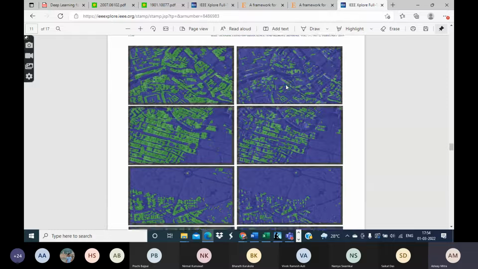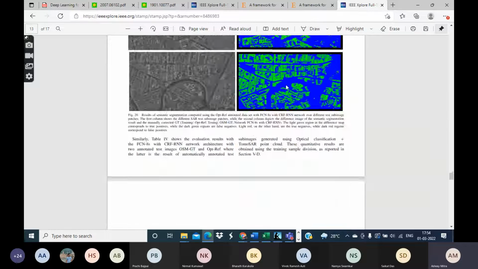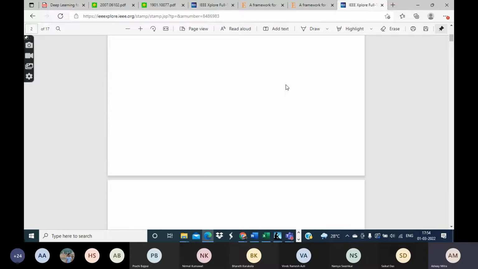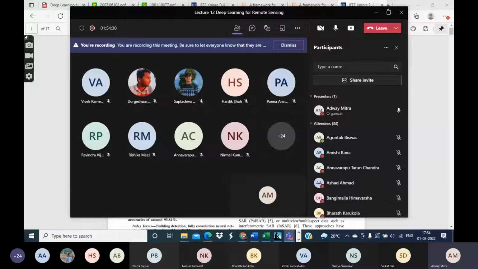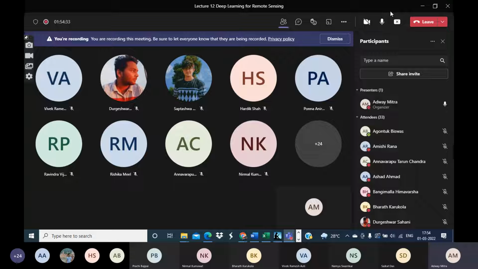Okay, so that brings us to the end of today's class. Basically what we did is we discussed a number of example papers where we see how to use various deep learning techniques or neural networks on satellite imagery or aerial imagery to identify structures which we may be interested in, either specific structures like buildings or roads or built-up areas, or to do the semantic segmentation of the image, or even things like cloud removal.